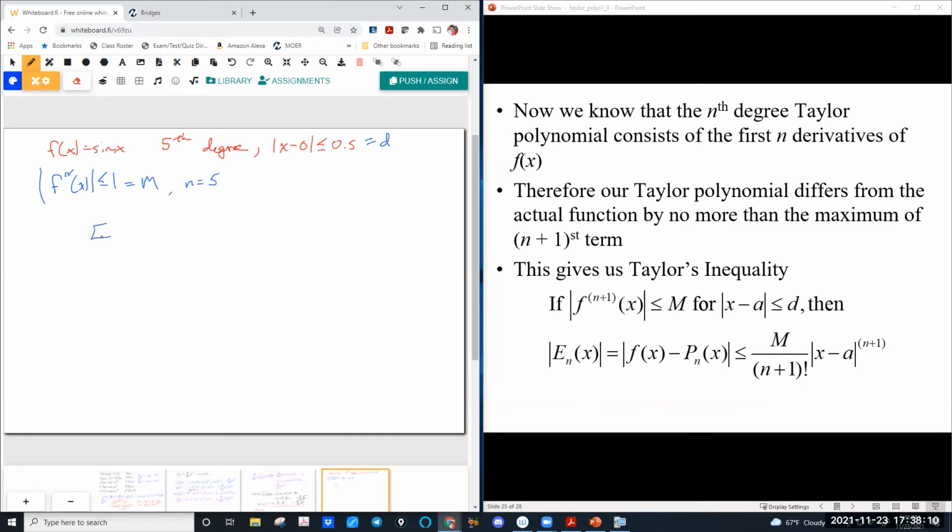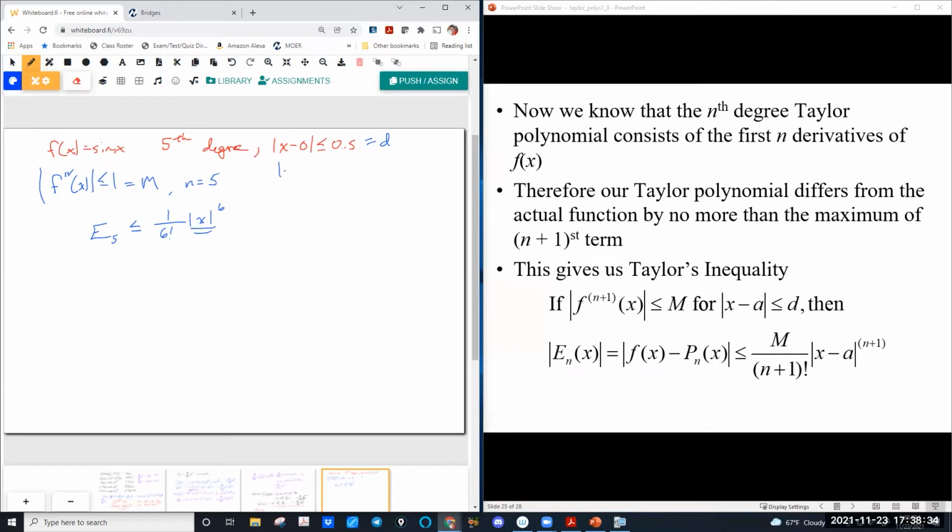So we know that our error in the fifth degree Taylor polynomial is going to be less than or equal to 1 over 6 factorial, that's the n plus 1, times the absolute value of x to the 6th. So the question is, okay, well, what about this part? That's where this comes in.